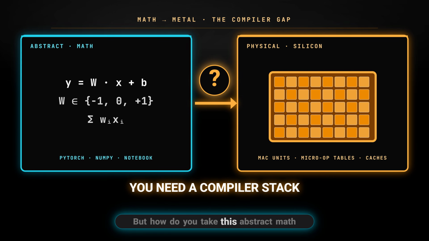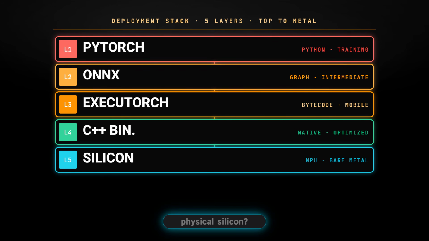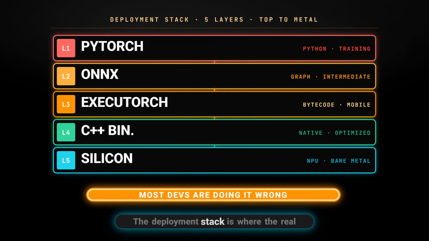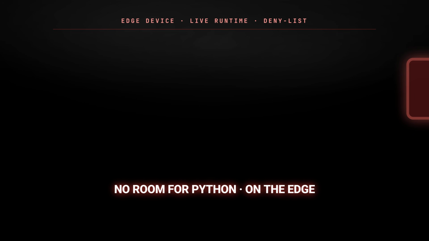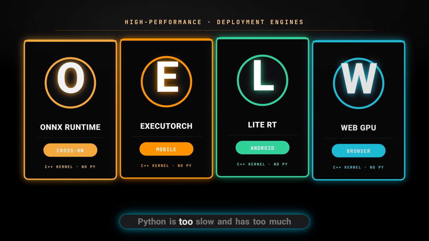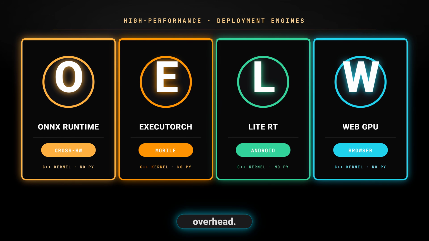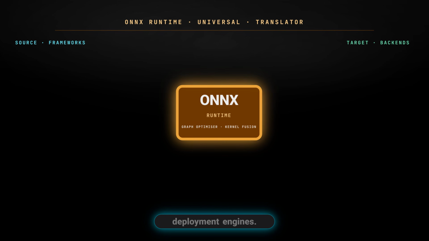But how do you take this abstract math and actually compile it to run on physical silicon? The deployment stack is where the real magic happens, and most developers are doing it wrong. You can't just run Python on an edge device. Python is too slow and has too much overhead. Instead, we use high-performance deployment engines.